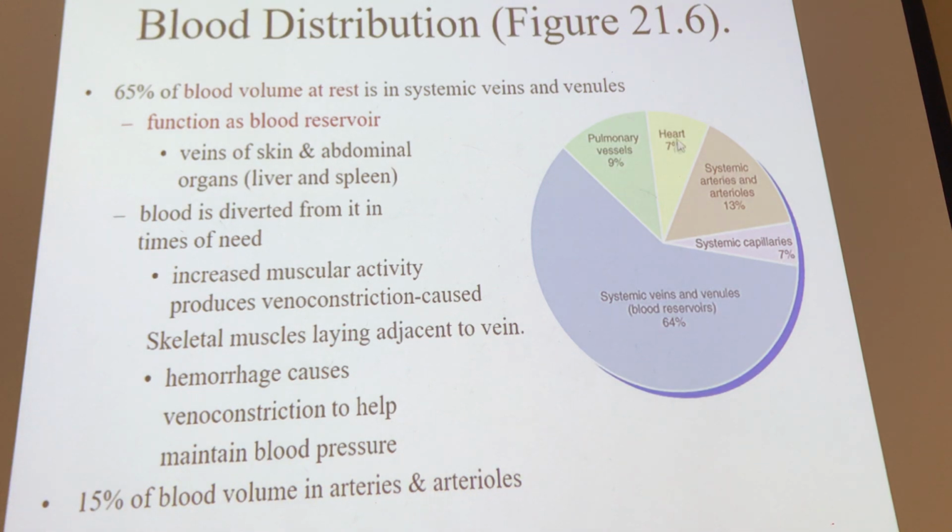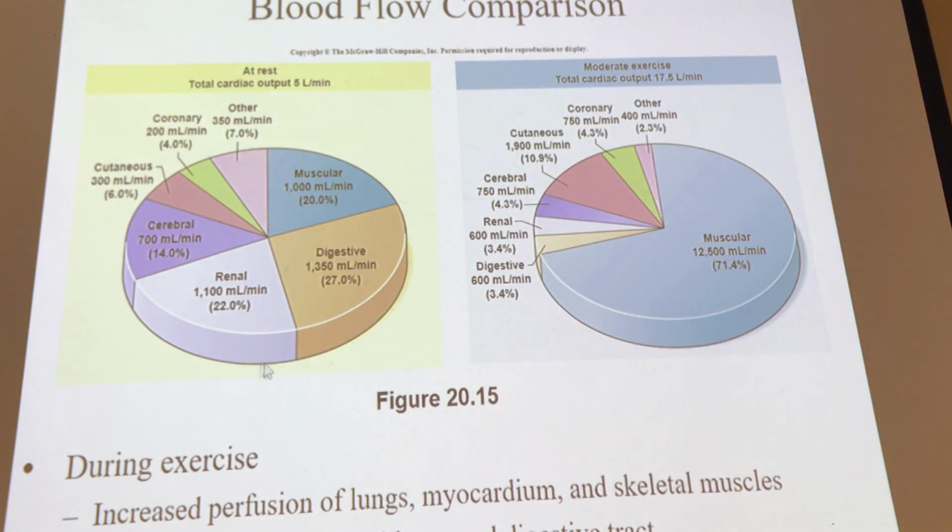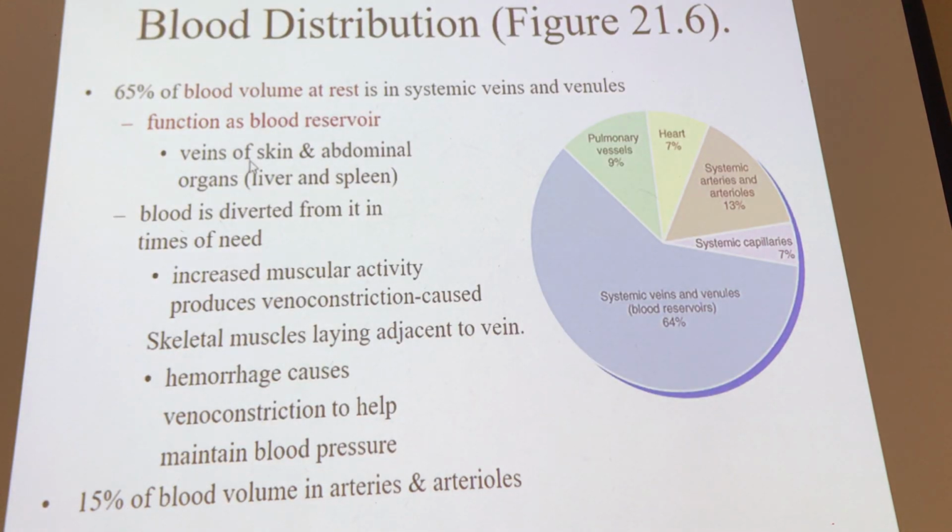Now, I like showing you these graphs because we can see just how much blood is actually found in our bodies when we're at rest and when we're exercising. So in this picture right here, 65% of blood volume at rest is in the veins and the venules. Think about that.